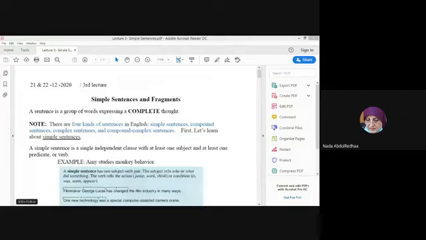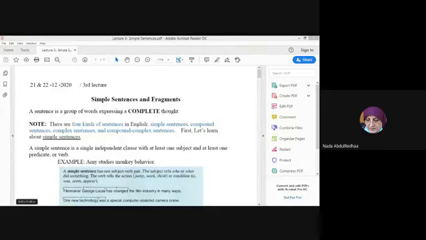Maybe you have learned something about the clauses and their types, but the most important thing that you have to know about the clauses is that they are divided into 2 main types: the dependent clause and the independent clause.